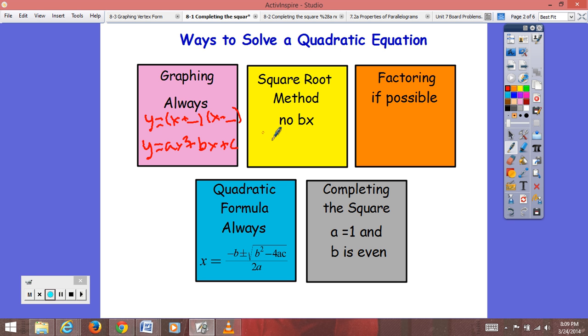Square roots, where we have no middle term, so we would just have y equals ax squared minus c, or plus c, no middle x term.